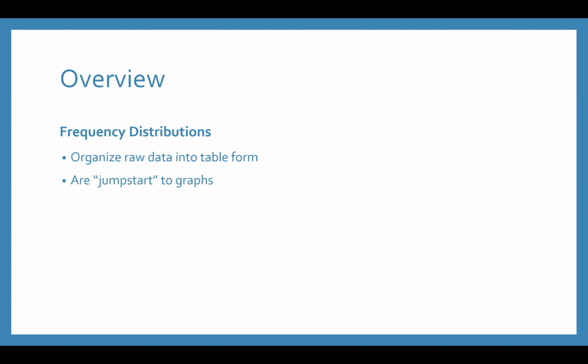They can be a jump start to the various graphs that we create, whether we're creating a bar graph or a pie chart or a histogram or a stem and leaf plot. I always think about a frequency distribution as showing us what really actually happened. So a frequency distribution is our reality. It's what really happened when I collected the data.